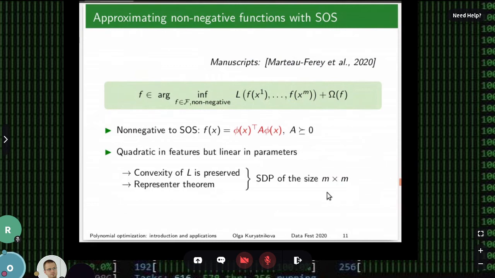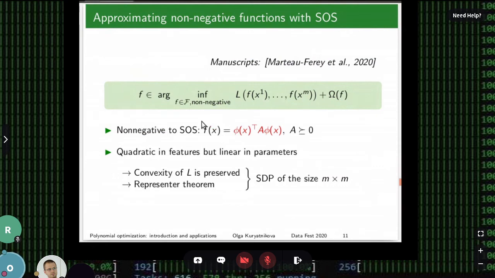And basically what the authors show in this manuscript, and what I found pretty exciting, is that first, this is a convex function of a very nice form, and basically it preserves convexity of L. So as long as L is convex, which is the restriction we use, by substituting this function in this operator, we do not lose convexity, and in this way it is similar to the linear function in both parameters and features.